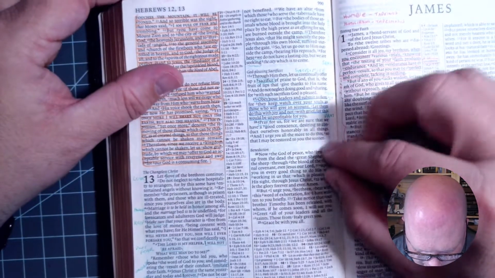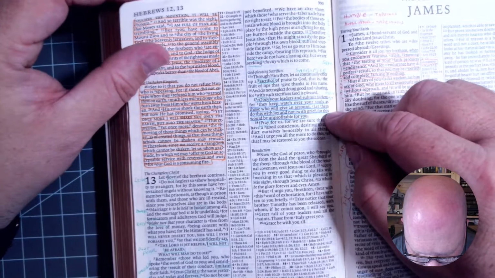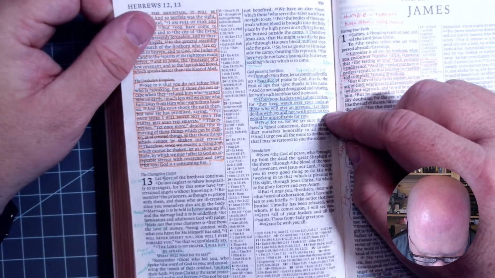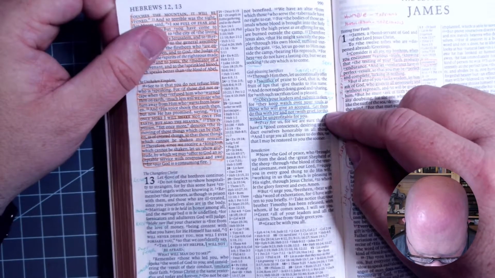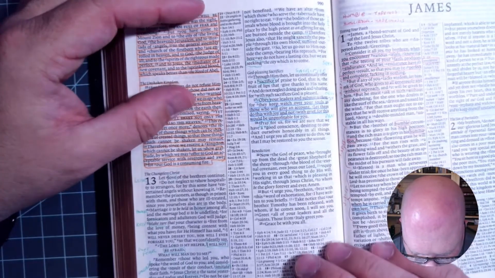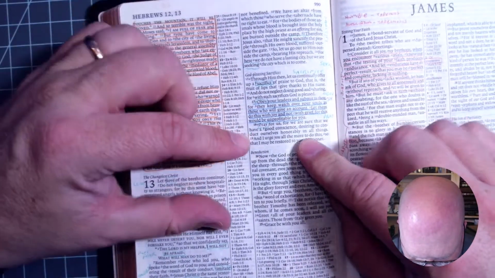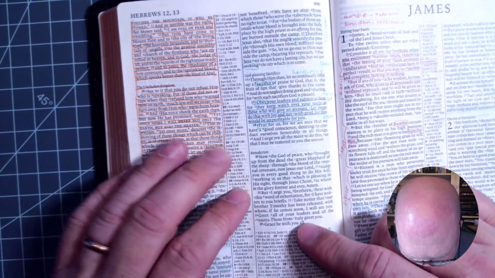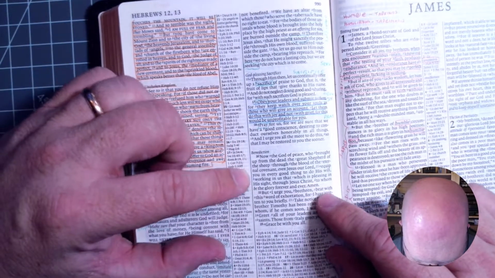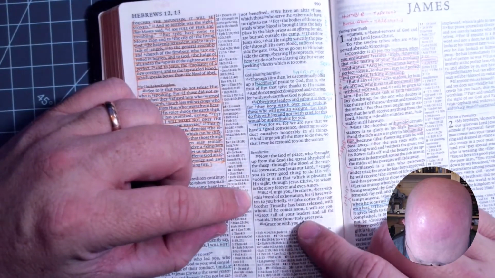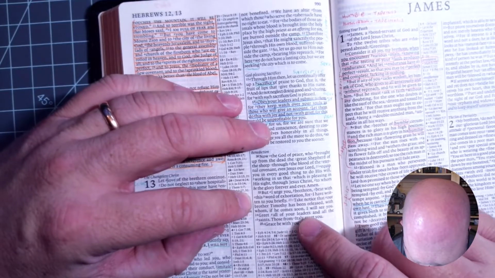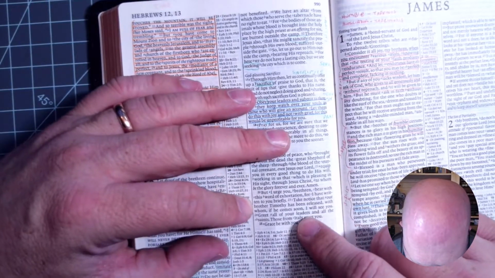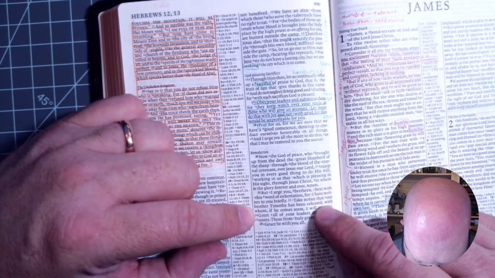is one of the places where there's good evidence for Paul being the author. The closest that he gets to being personal is in the end. He talks about, bear with this word, for I've written to you briefly. Take notice that our brother Timothy has been released.